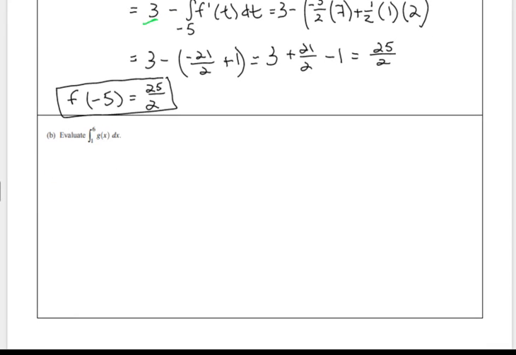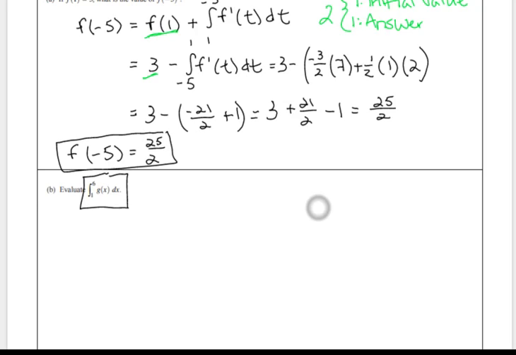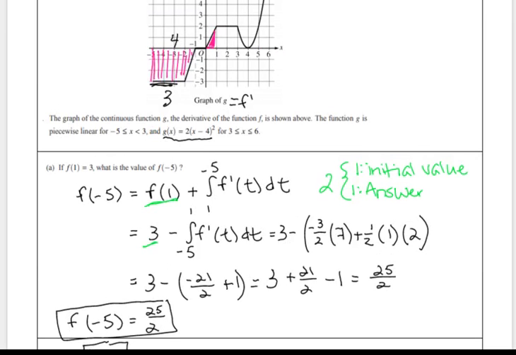All right, part B asks us to evaluate this integral from 1 to 6. Let's take a look at our graph before we do anything. I'm going to erase what's on here so that we can focus on exactly what we want.